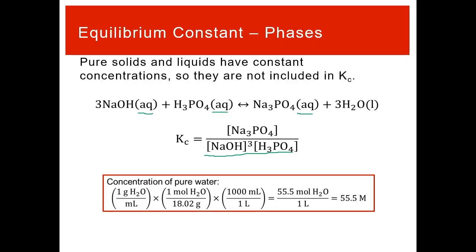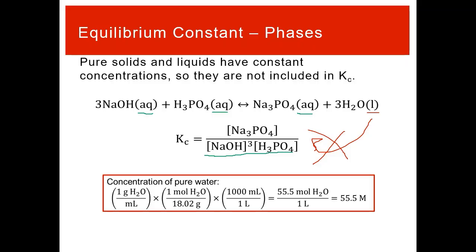But H2O is a liquid. Therefore, it does not show up in the equilibrium constant. The reason is, if we think about pure water, the density of pure water is 1 gram of H2O per 1 milliliter. You can convert the grams to moles and the milliliters to liters, and it ends up that pure water is 55.5 molar, moles of water per 1 liter of water.